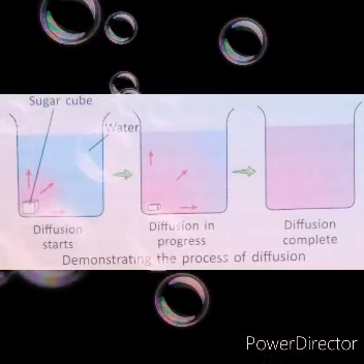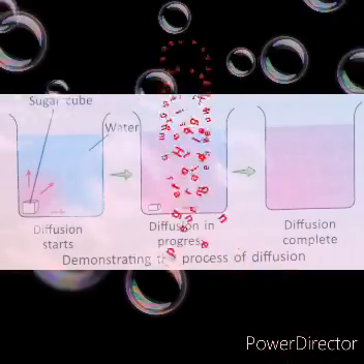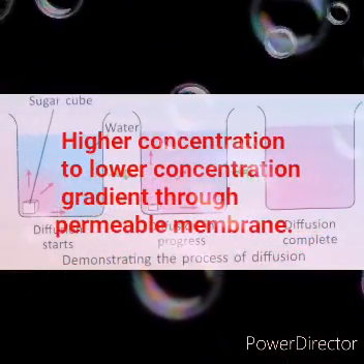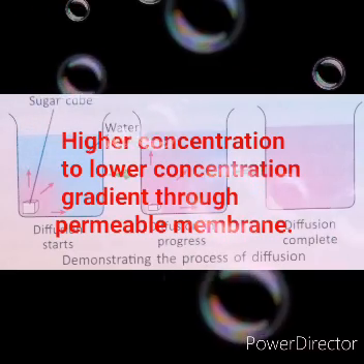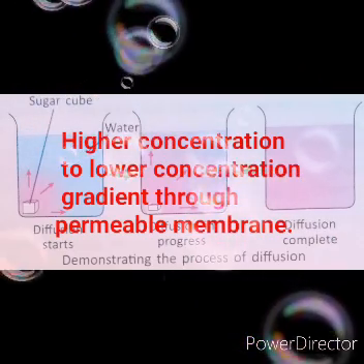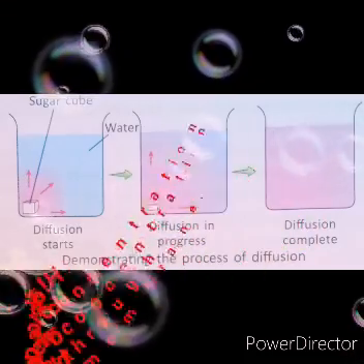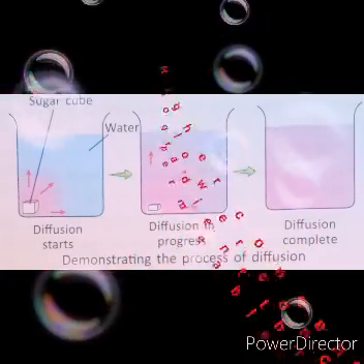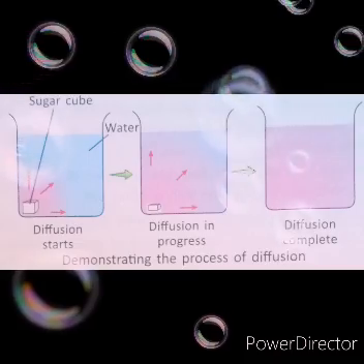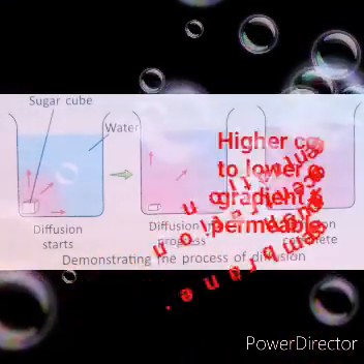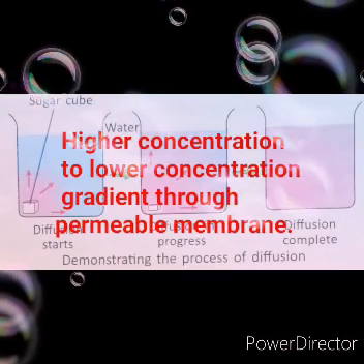Diffusion generally depends upon the concentration gradient, that is from higher concentration to lower concentration, and permeability of the plasma membrane. Now the word permeability is related to the semi-permeable membrane, whether the membrane is permitting the macromolecules or the bigger solid molecules, the gases as well as the liquid.